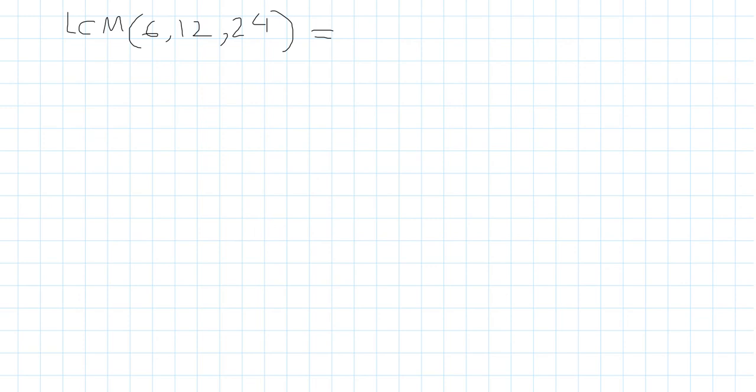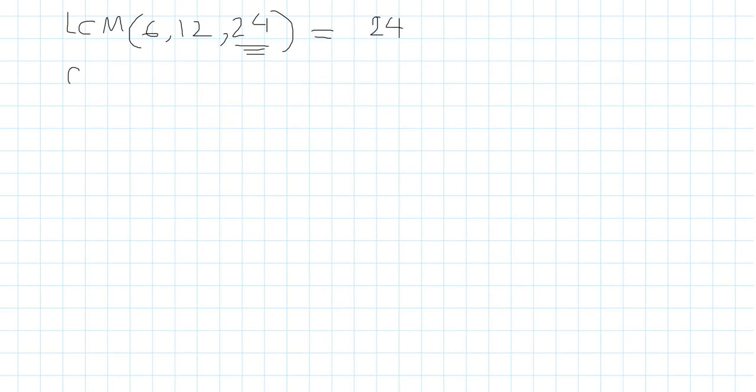But look, it has another point. When you have two or three numbers that are divisible by each other, suppose that 24 can be divided by 6 and by 12, then the biggest number is your LCM. So I choose easily 24.